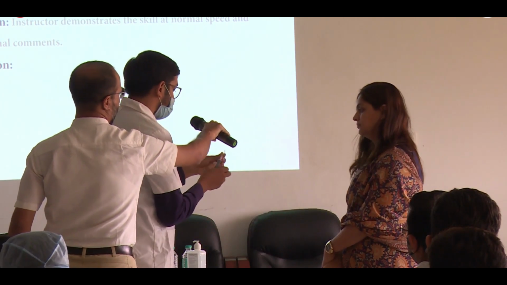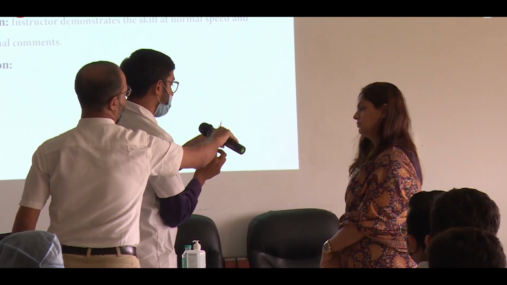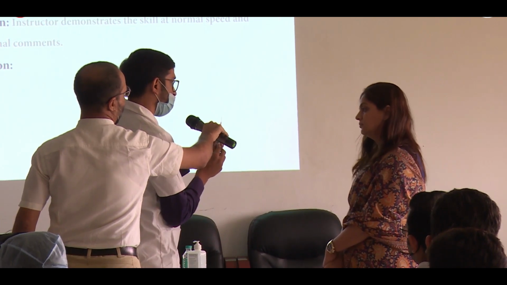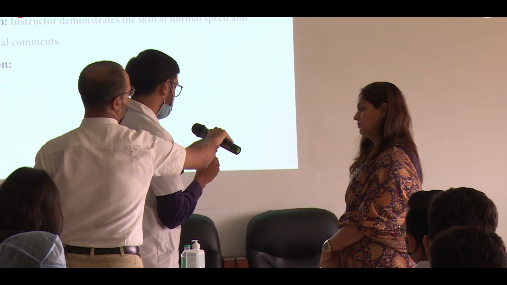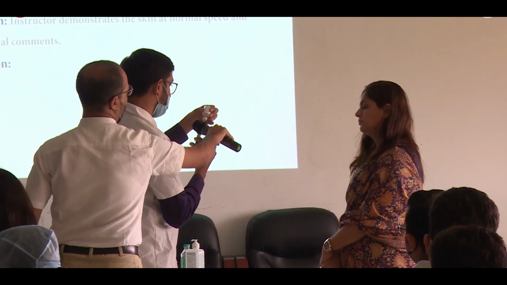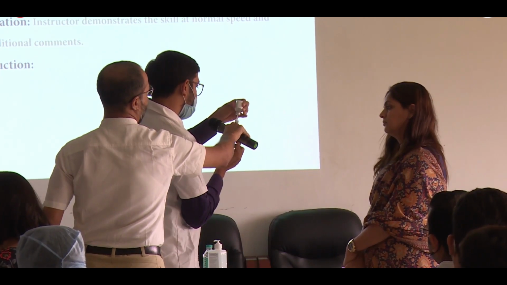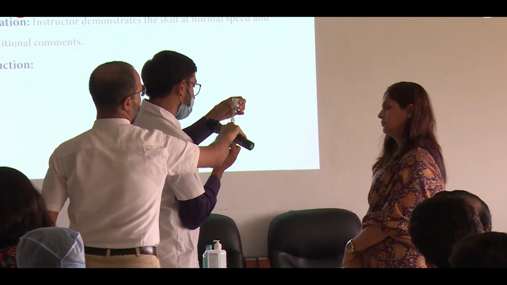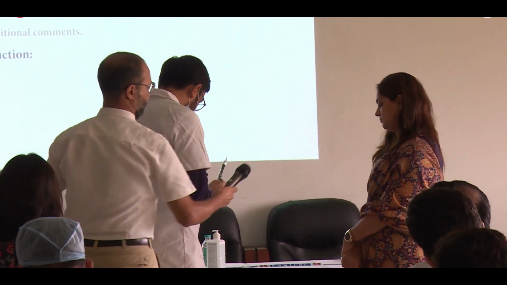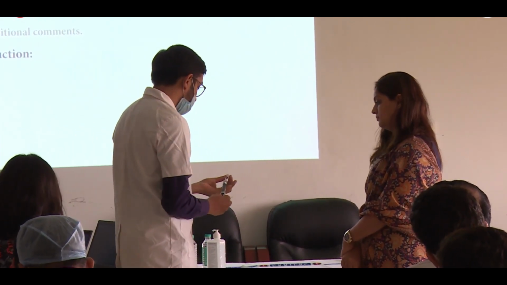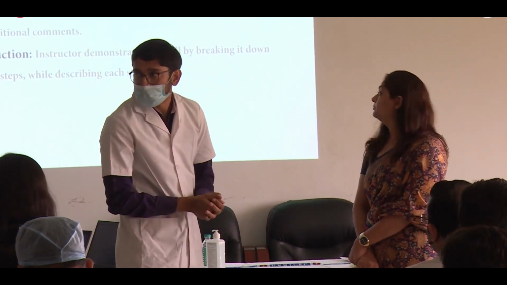And we have to take out the cap. We will take in as much air as the amount we want to withdraw from the vial. And this air we will insert into the vial so that it will create a positive pressure inside the vial. Then we will withdraw the drug, whichever one we want to withdraw. So this was the second step.